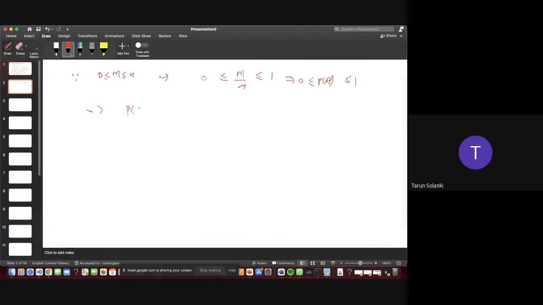We can write P of A dash is 1 minus P of A. If event A has m elements, then A dash has n minus m elements.